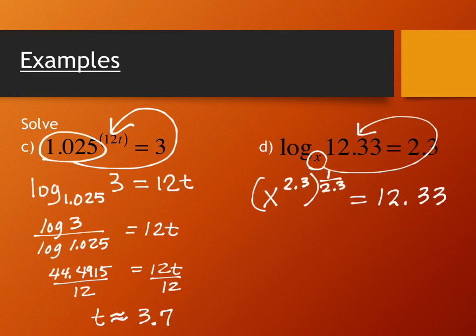Your calculator can do all this just fine, so you don't have to worry too much about that. 1 over 2.3. Right? It would be 1/2 if it were a square root, right? A square root would be the equivalent of a power 1/2, but I don't have a 2. I have a 2.3, so I don't have a 1/2. I have a 1 over 2.3. Okay, so on the left-hand side, these cancel. That's the whole point. I have x left on the left.